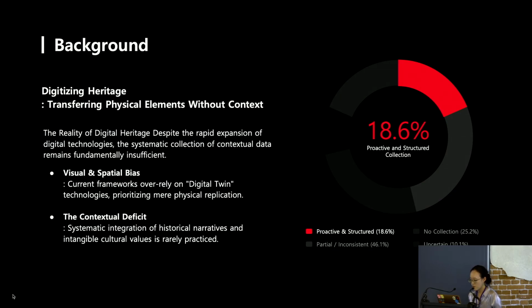This means that most digital heritage management is focused on only one kind of digital twin, a copy of the physical form of artifacts. So it is still hard to find examples that include the heritage's core context, called the aura. In Korea too, we started to think we have a very similar situation.